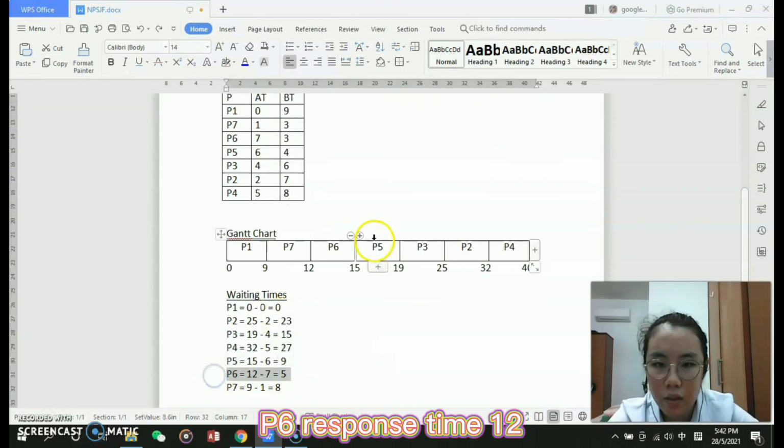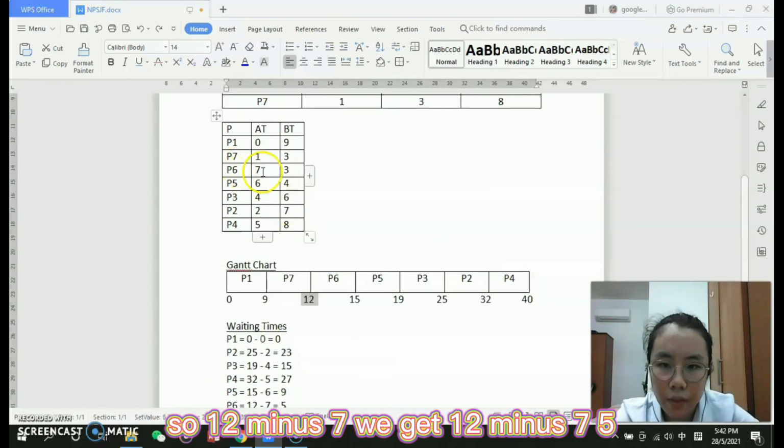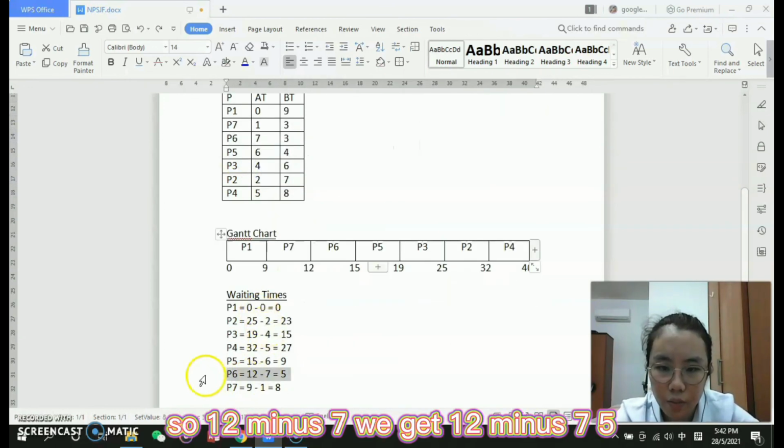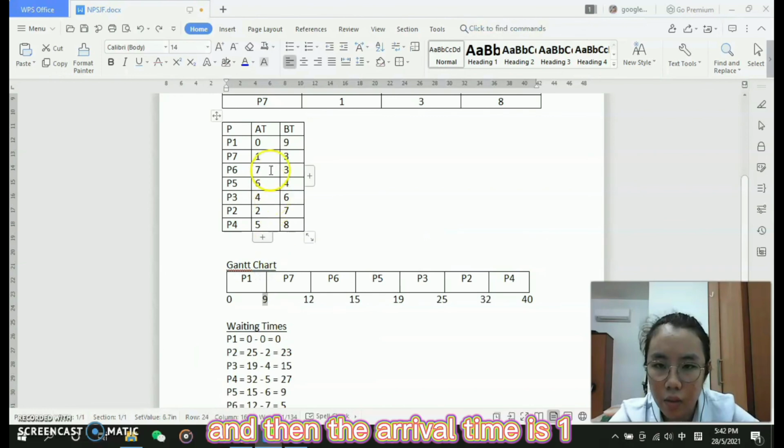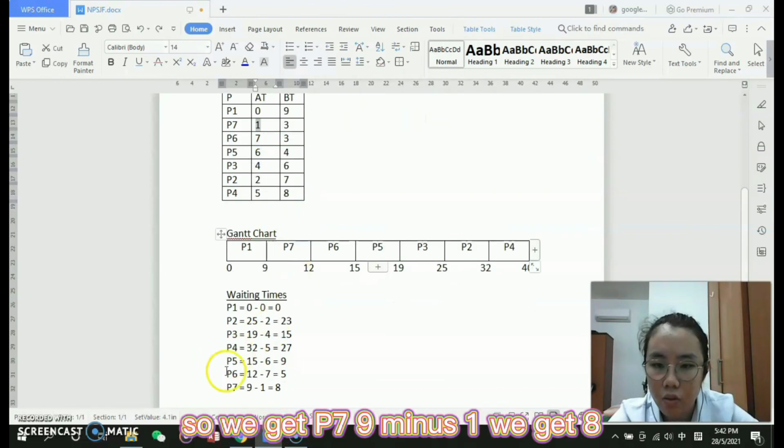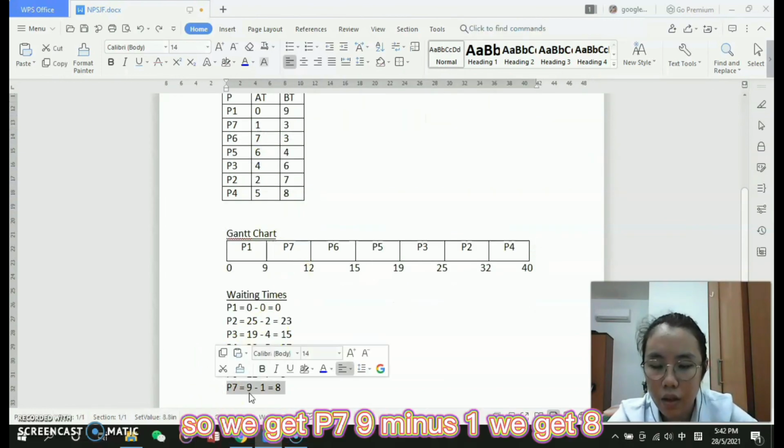P6 response time is 12, so 12 minus 7 is 5. The last one, P7, response time is 9 and the arrival time is 1, so 9 minus 1 gets 8.